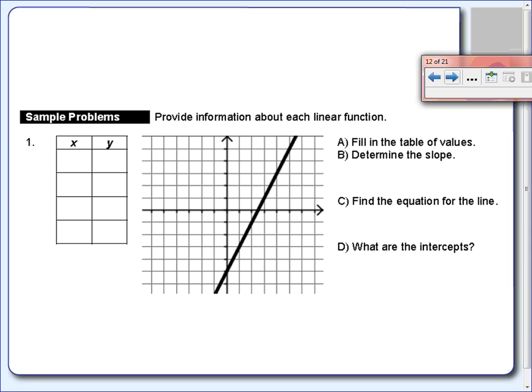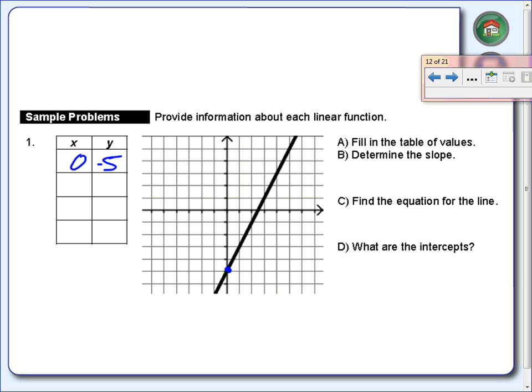What are some points that are on this line? Give me some points that are on that line, guys. 0, 5. Are you sure? 0, 5 would be up here. I mean 0, -5. There you go. 0, -5 would be this point here. 1, -3.